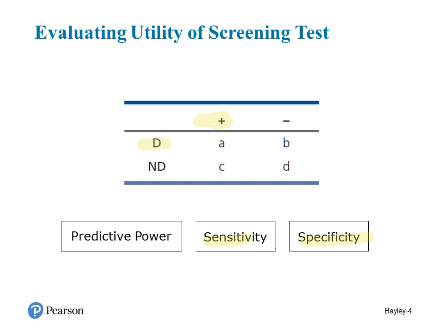So the child has a developmental delay, and the Bayley-4 screening test predicts that the child will have a developmental delay when we, in fact, administer the Bayley-4. Specificity, in contrast, is the probability that someone without a developmental delay will test negative for it, right? So you're thinking about the true negative rate.